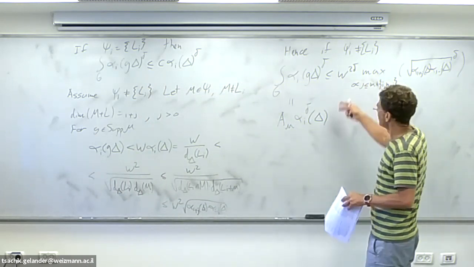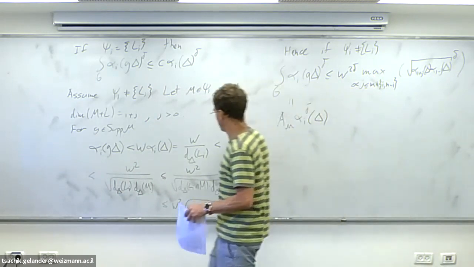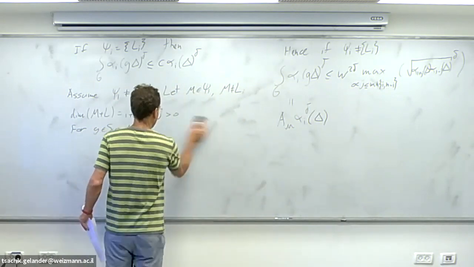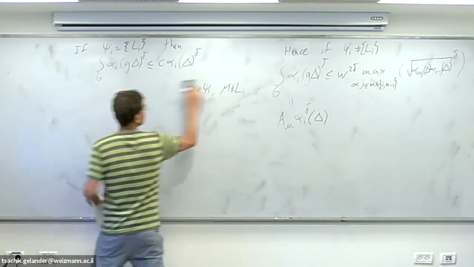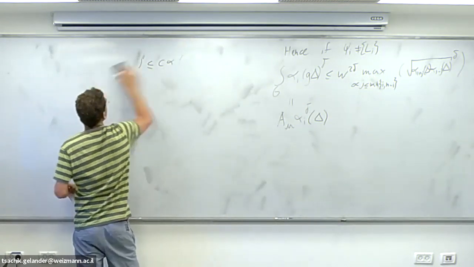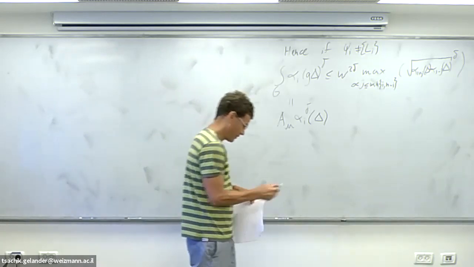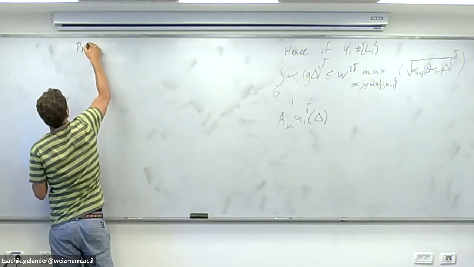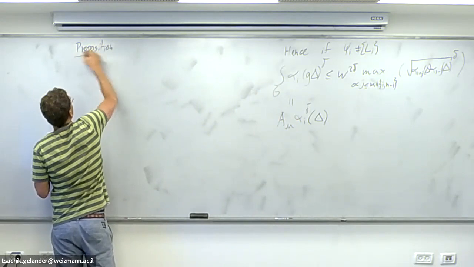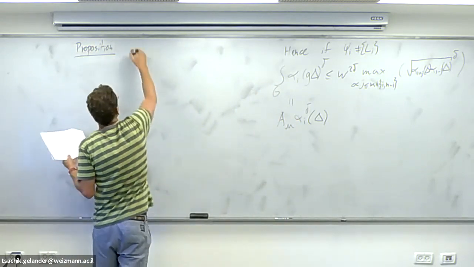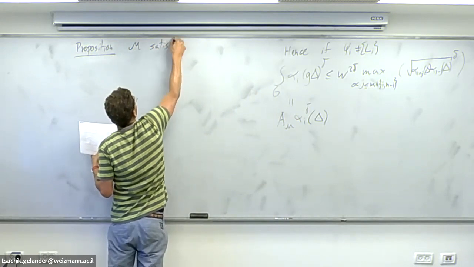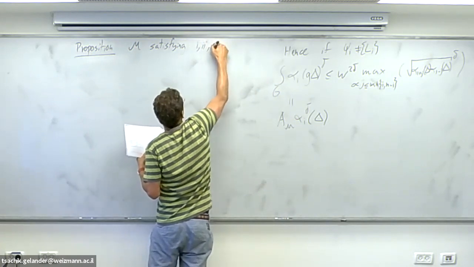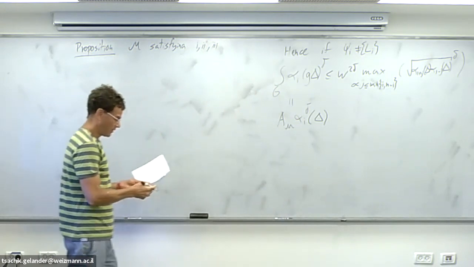So here, yeah. Okay. So let me now write again the proposition, and this will be the end of the computational stuff. So the proposition: mu satisfying the conditions 1, 2, 3, a probability measure on SLN.